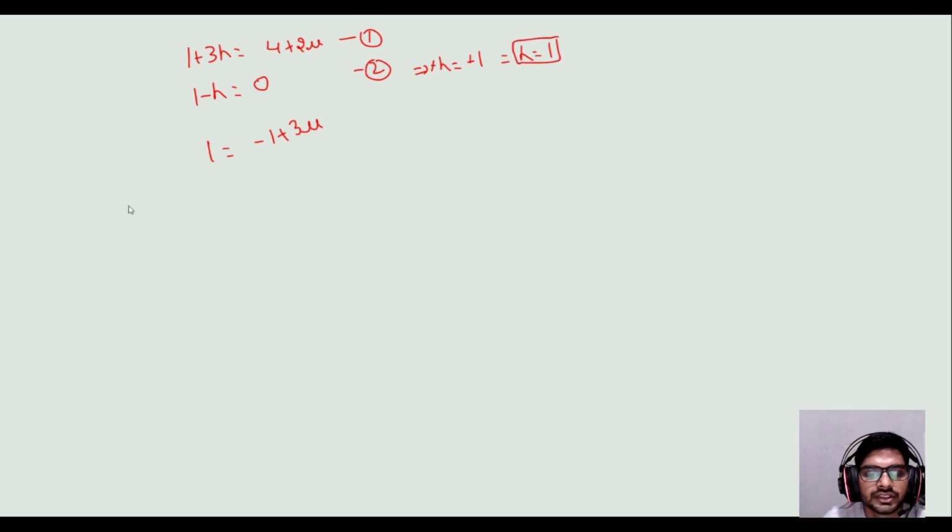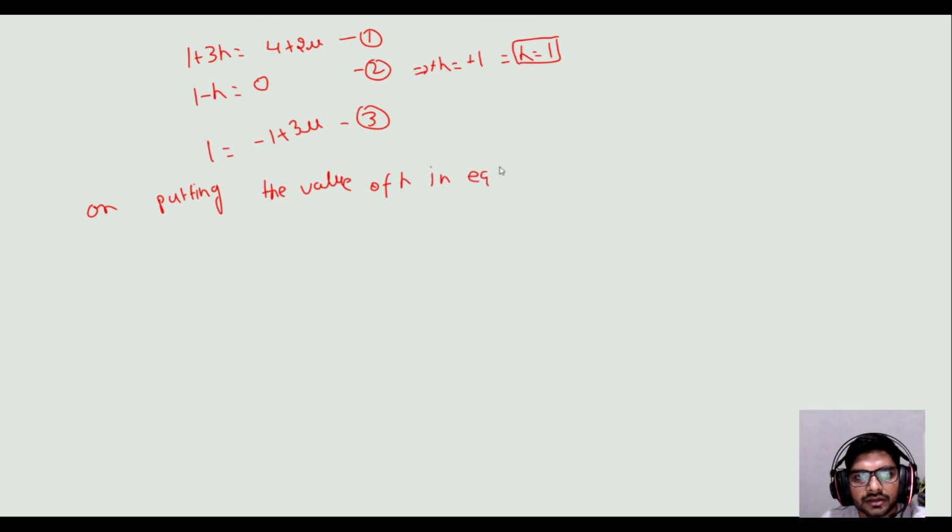Put this value in the first equation. On putting the value of lambda in equation first, 1 plus 3 into 1 equals 4 plus 2 mu.